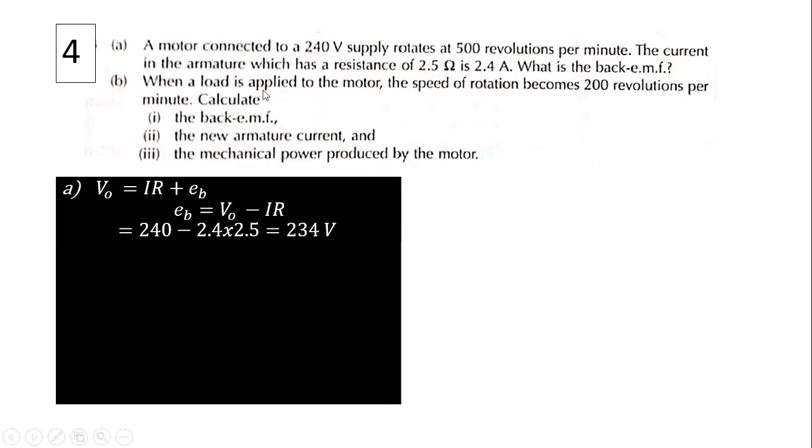Okay. When the load is applied to the motor, the speed of rotation becomes 200 revolutions per minute. Remember this per minute. Calculate the back EMF. Okay, this is also per minute. So you just use your I naught sine omega t. Back EMF is just your L di/dt, so differentiate that.